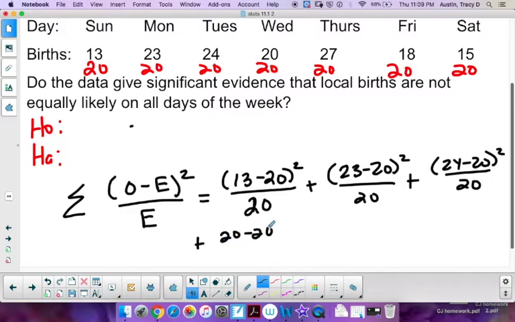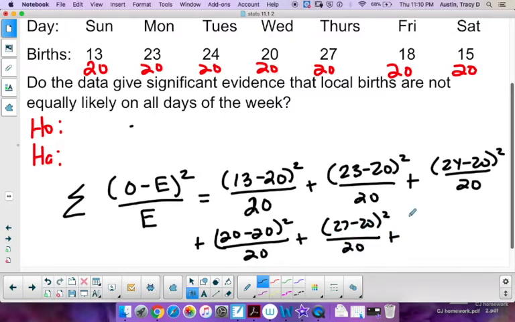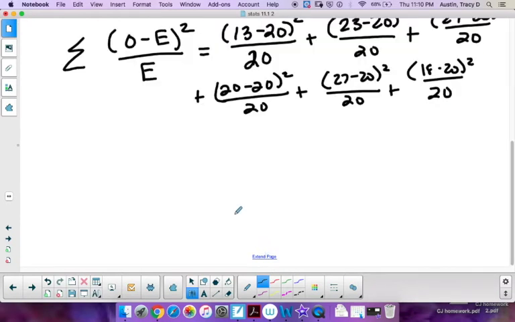We're going to have a 0 one: 20 minus 20 squared divided by 20, plus 27 minus 20 squared divided by 20, plus 18 minus 20 squared divided by 20, and then the last one, 15 minus 20 squared divided by 20.